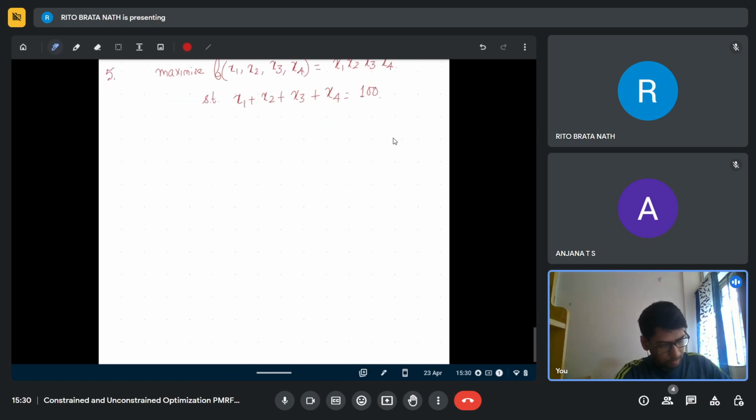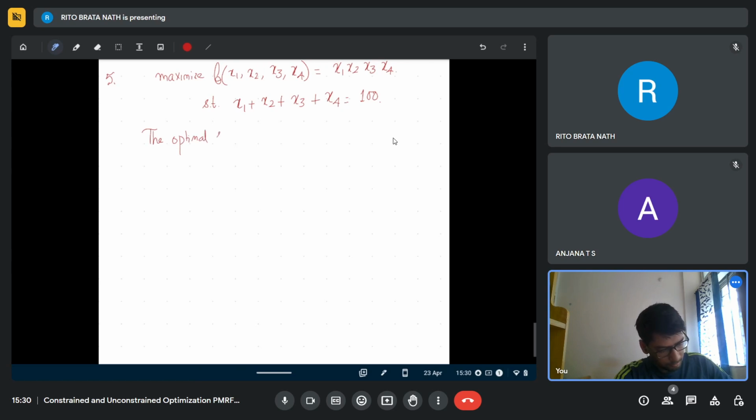Now the problem asks you for the optimal solution of the above optimization problem.